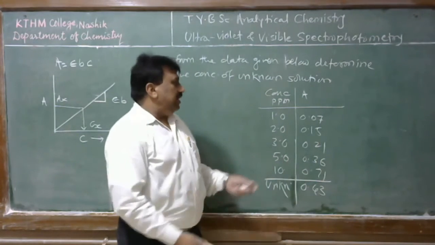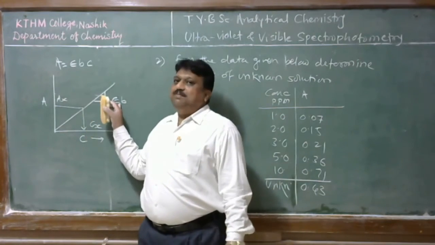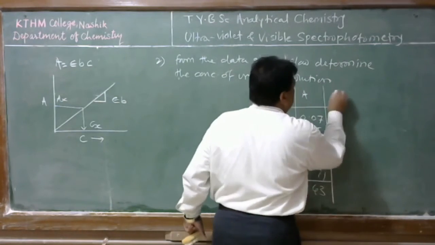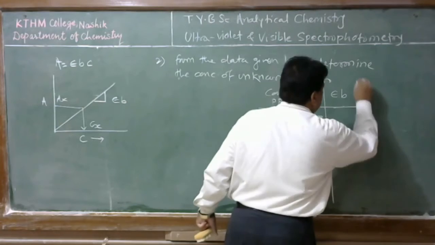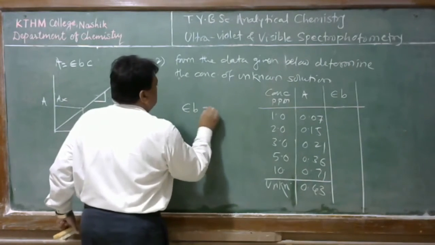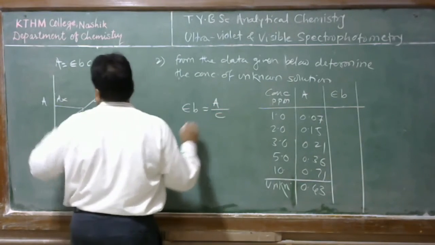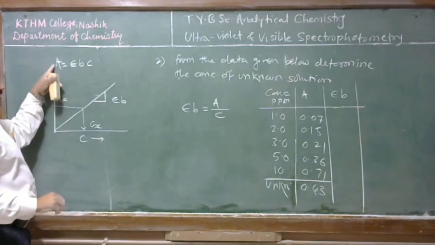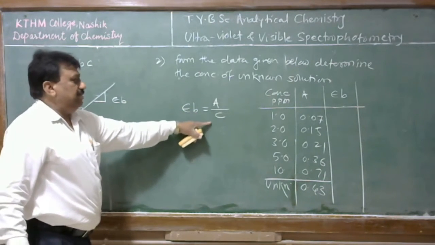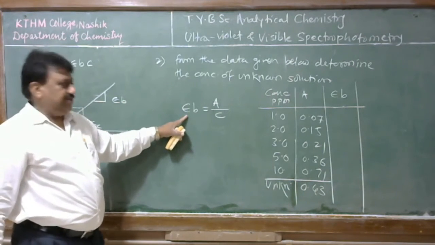But alternatively, we can find the value of epsilon and B by using this data. Epsilon into B can be determined by absorbance divided by C. Absorbance divided by C is equal to the product of epsilon and B, which is a proportionality constant.